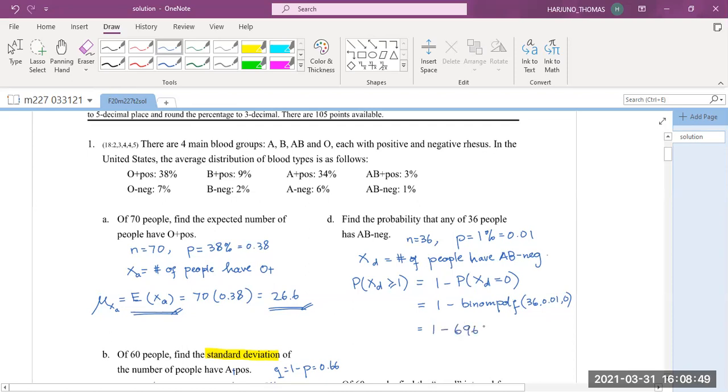But it's basically second, then distribution, and then binompdf, binomcdf, so on and so forth. This is 0.30359. That's the probability.